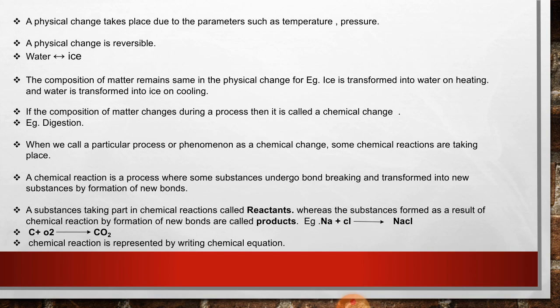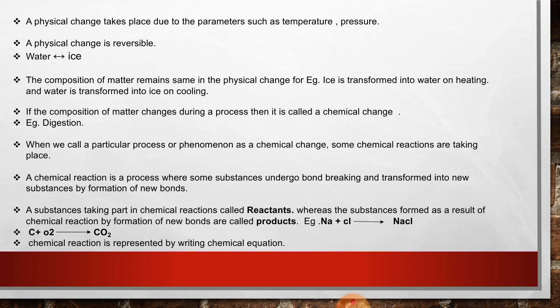When we call a particular process or phenomenon a chemical change, some chemical reactions are taking place. A chemical reaction is a process where some substances undergo bond breaking and are transformed into new substances by the formation of new bonds. The substances taking part in the reaction are called reactants. While cooking, the ingredients which are added are called reactants, whereas the substances formed as a result of the chemical reaction by the formation of new bonds are called products.